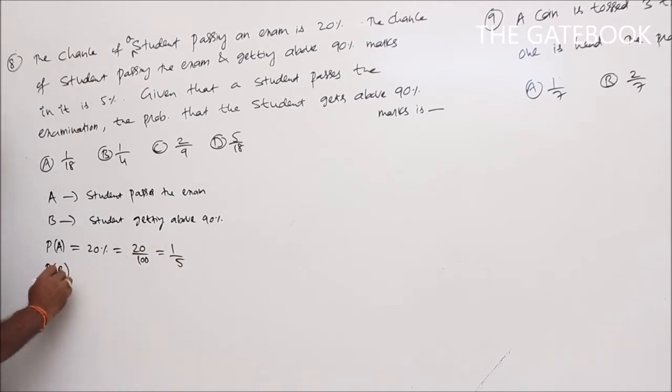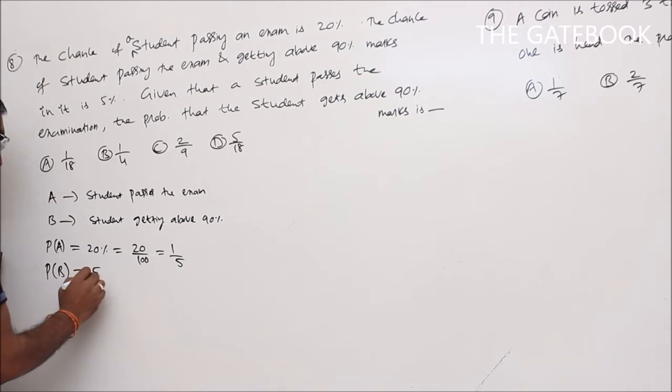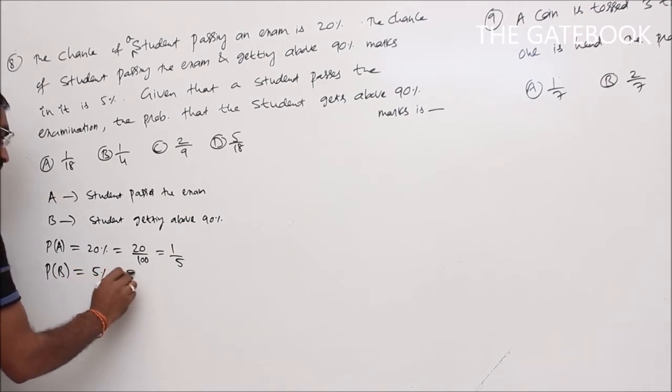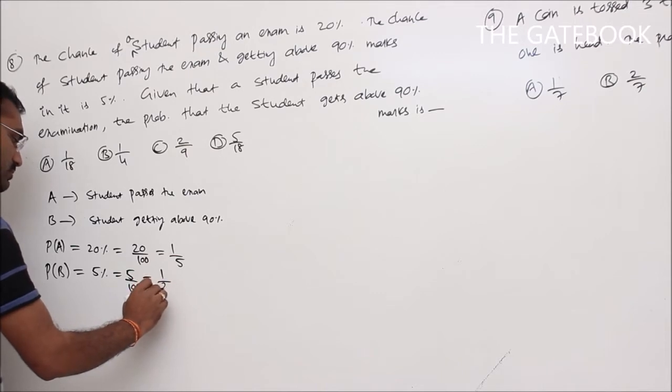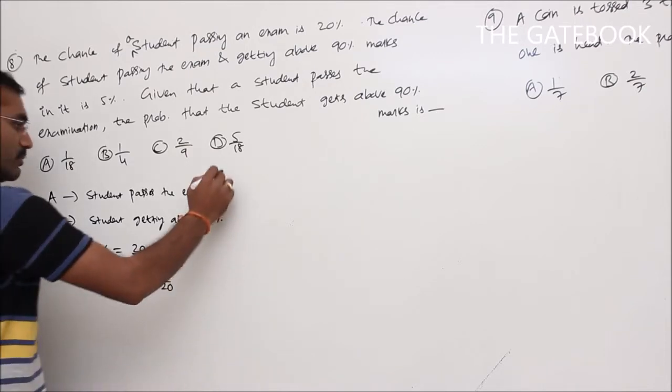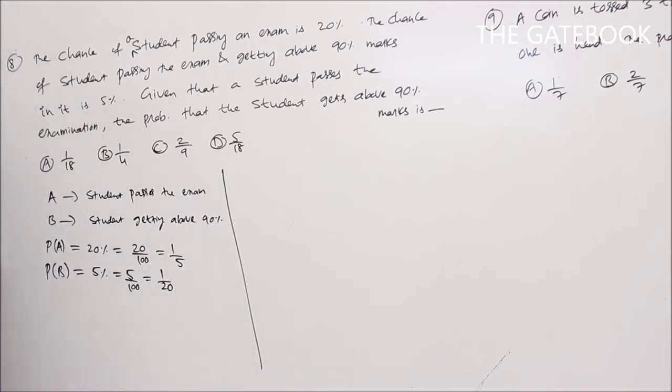And P of B, the student getting above 90%, is 5% given. So 5 by 100, which is 1 by 20. Sorry, this one is not P of B. It is given that the student passes the examination and gets above 90%.